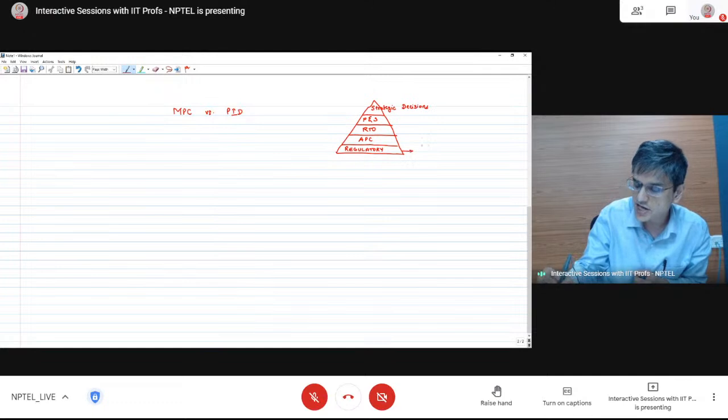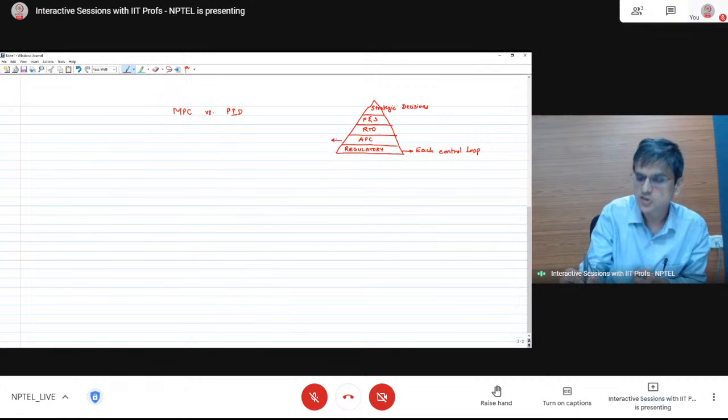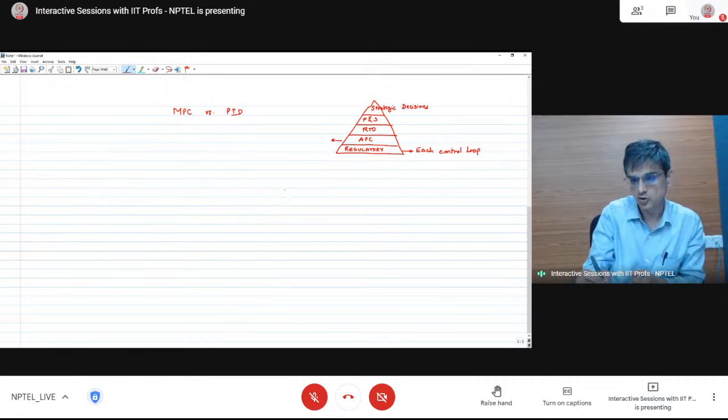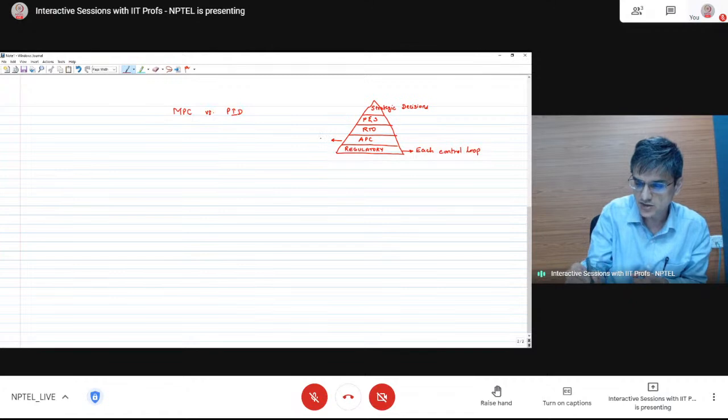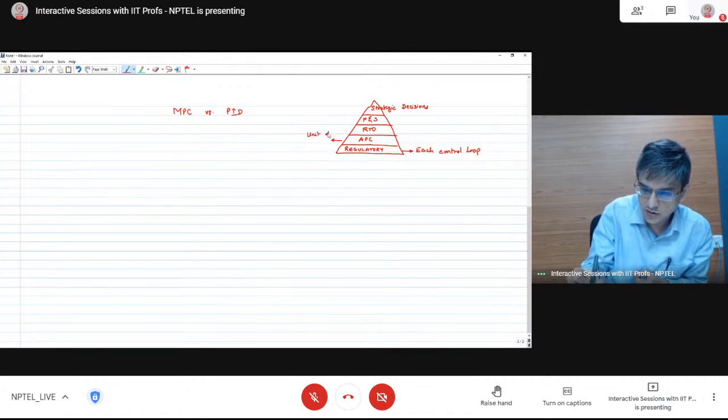Regulatory control is taken at the level of each individual control loop. Advanced process control does not usually work at the level of a control loop, but at the level of a unit or multiple units.